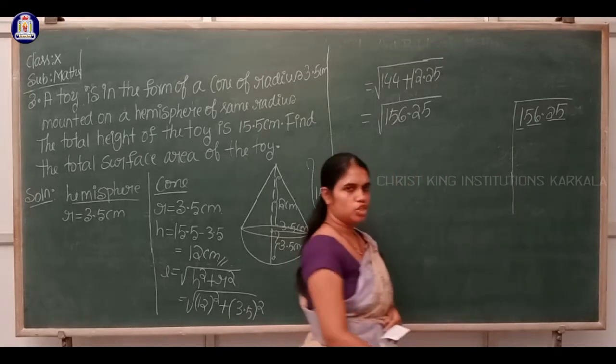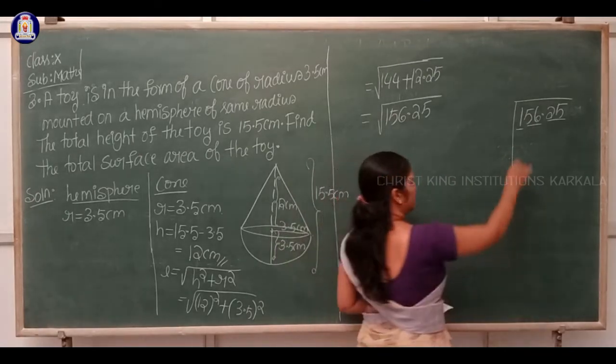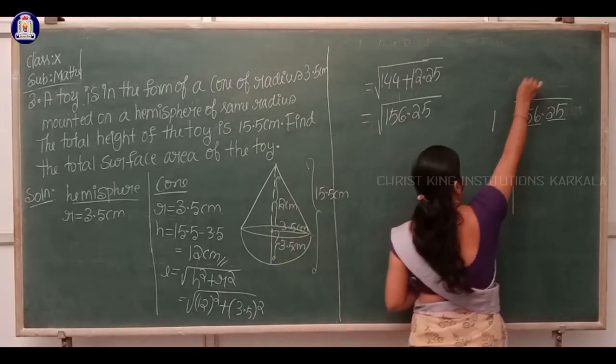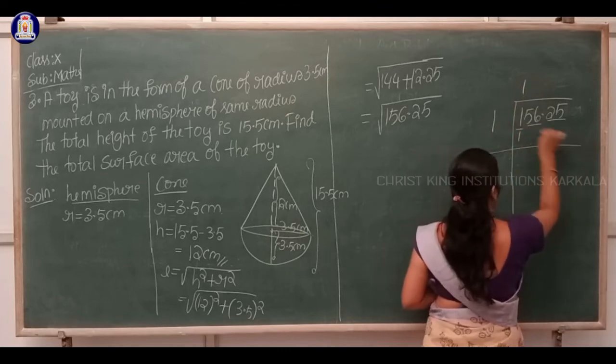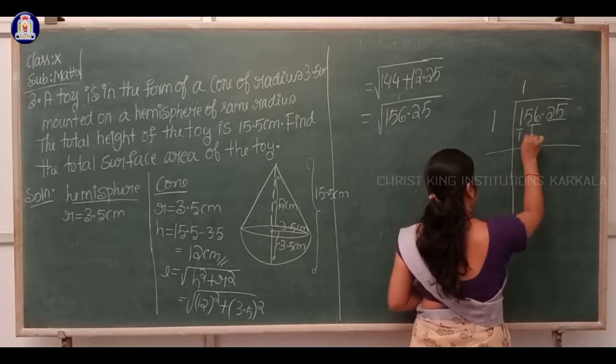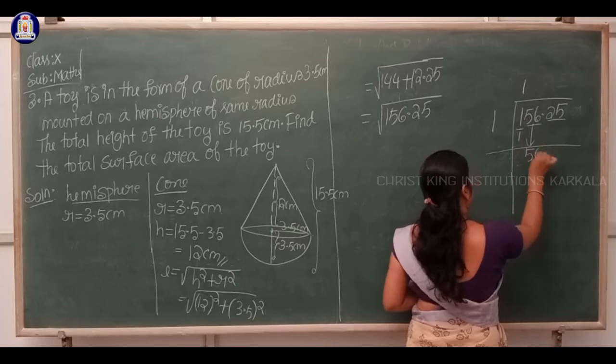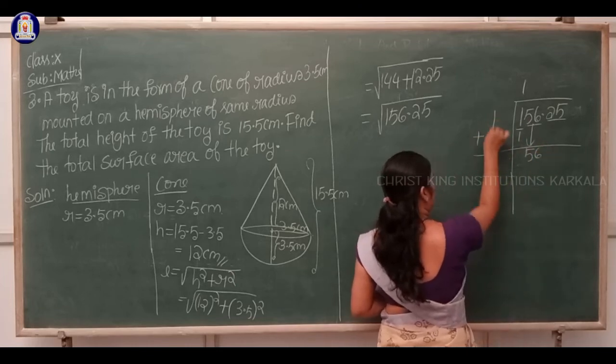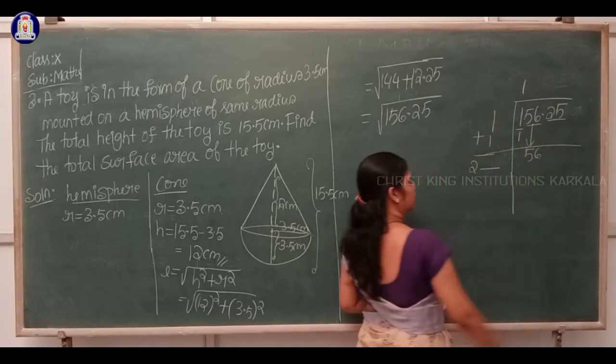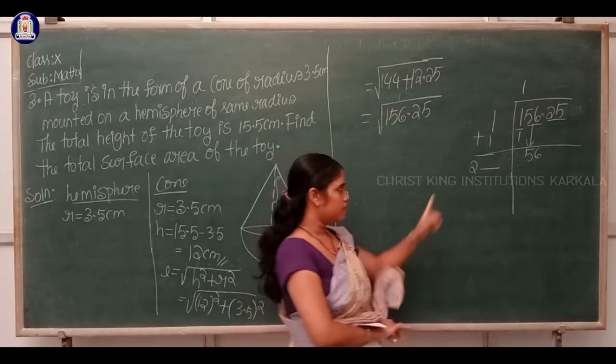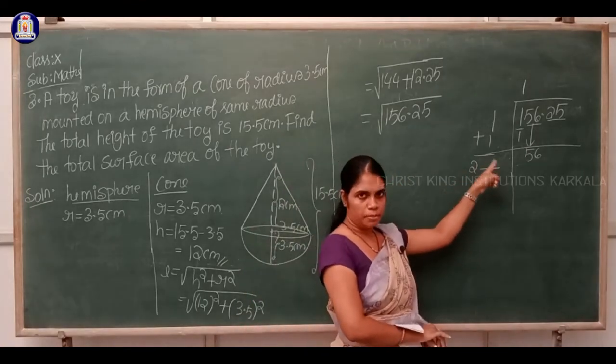In the first group you have only one number, that is 1. So 1 into 1 equal to 1, 1 minus 1 is 0, so shift the next group, 56. 1 plus 1 equal to how much? 2. Now in this place I'll choose one number. Which number?